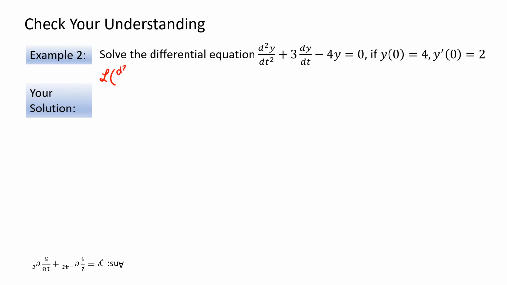So the Laplace transform of the second derivative, sorry, I write dx squared out of habit, but it's dt squared, plus 3 times the Laplace transform of dy by dt, minus 4 times the Laplace transform of the function y, and that's equal to the Laplace transform of 0, which, as you can guess, is 0.